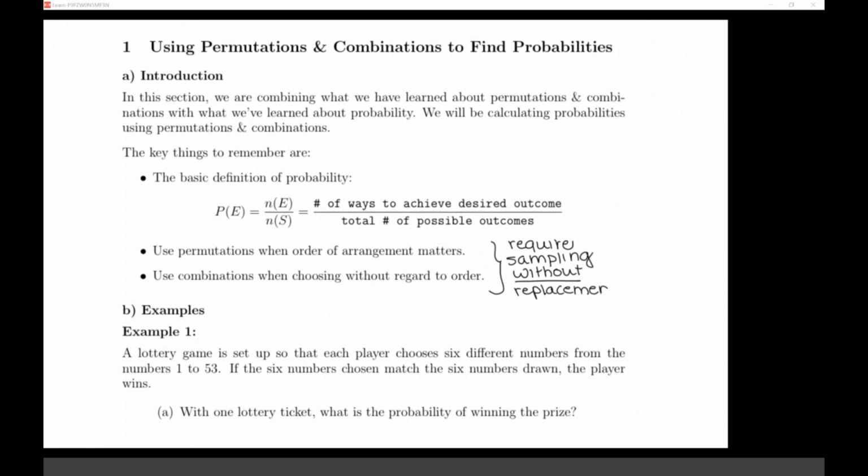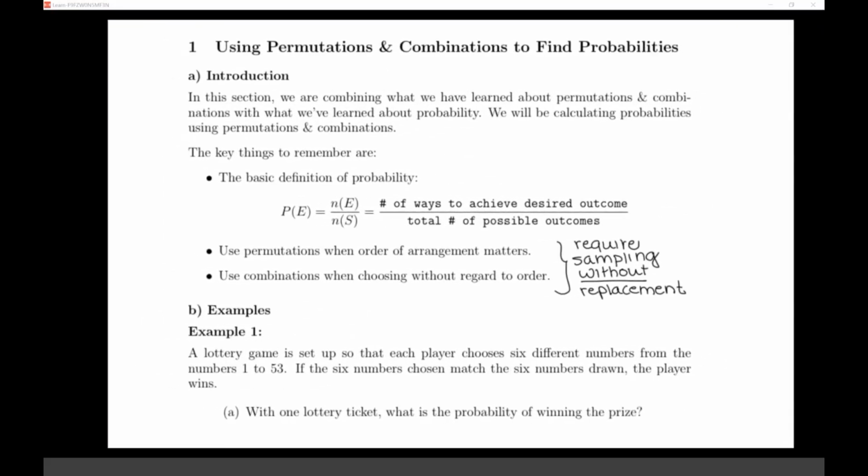We remember from some of the examples we did on Tuesday, if it turns out you are putting things back in the pool, then you need to find a different way to count. Usually you're going to count with the fundamental counting principle.